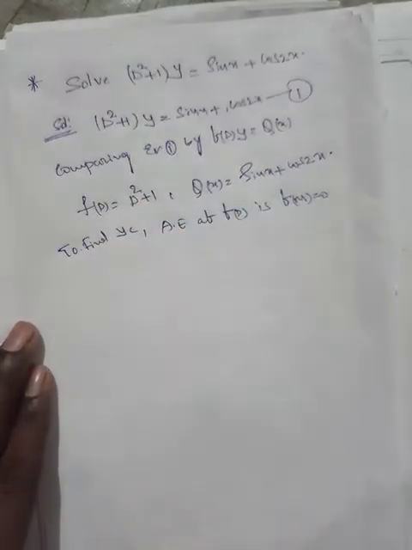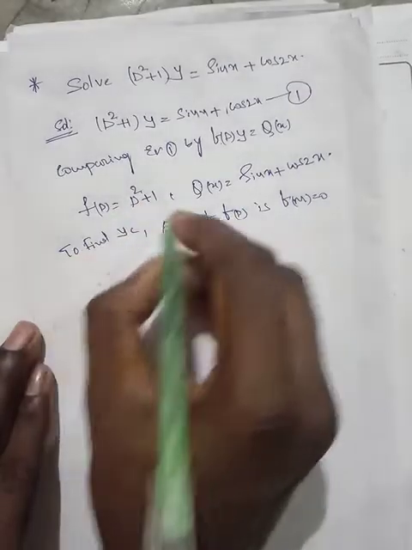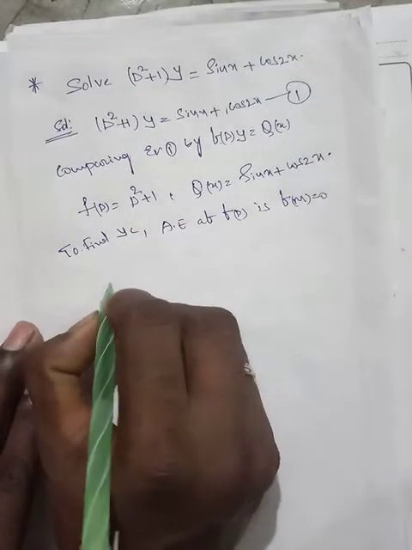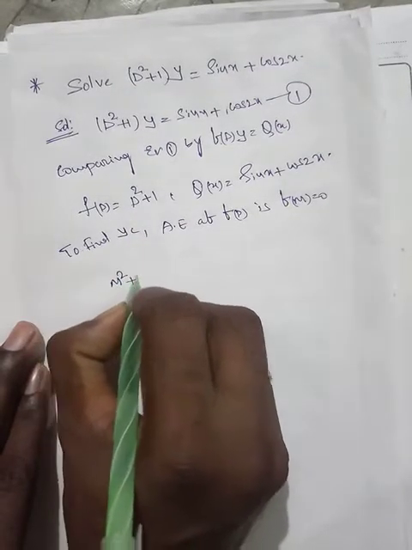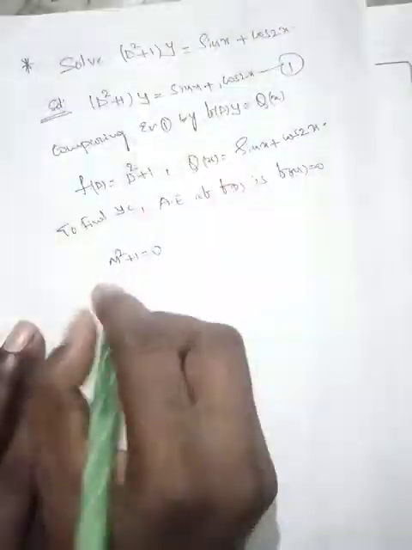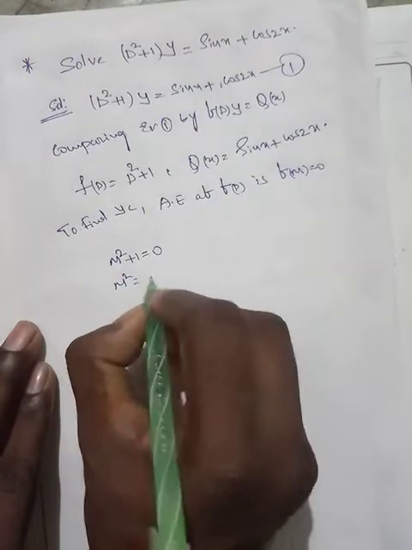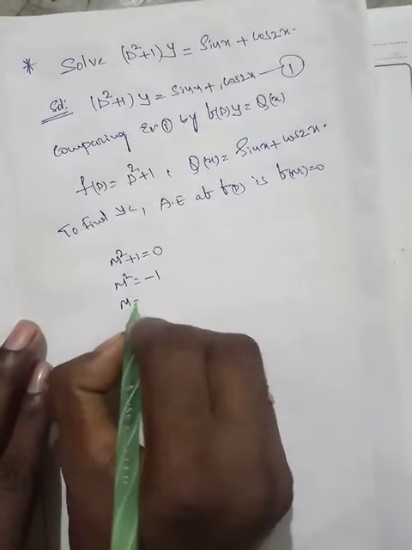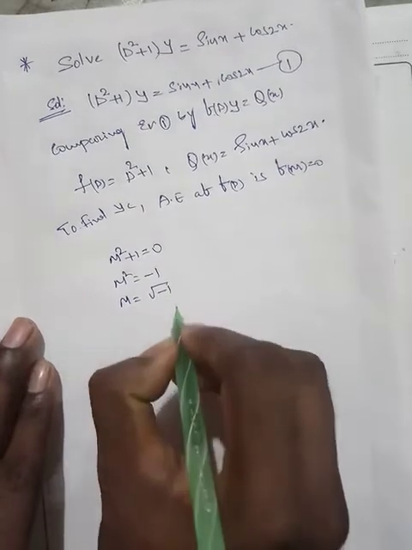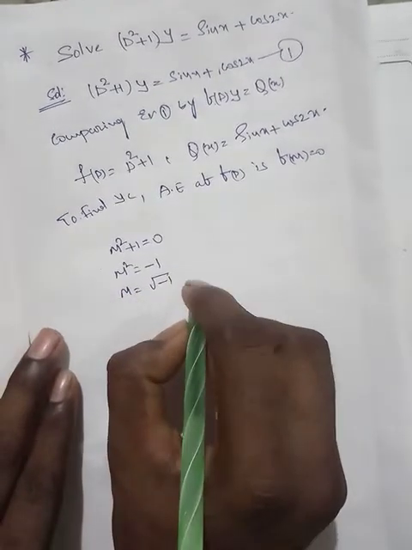That means we replace D by m, so this becomes m square plus 1 equal to 0. So m square equals minus 1, and m equals square root of minus 1.